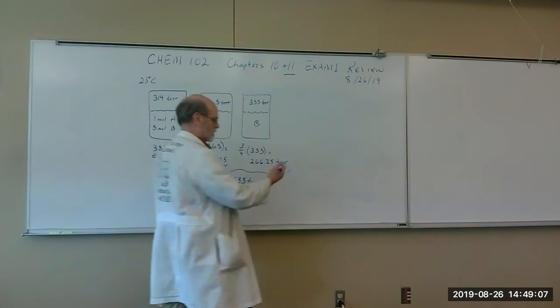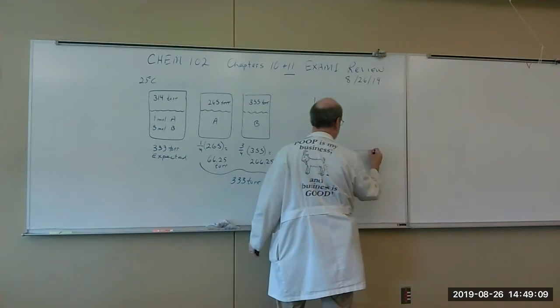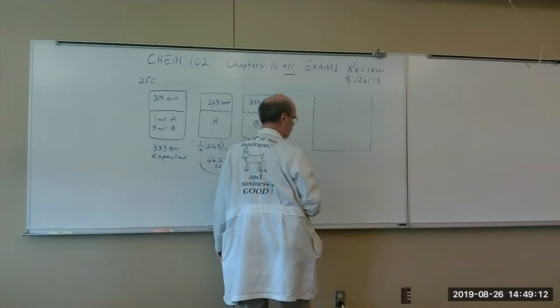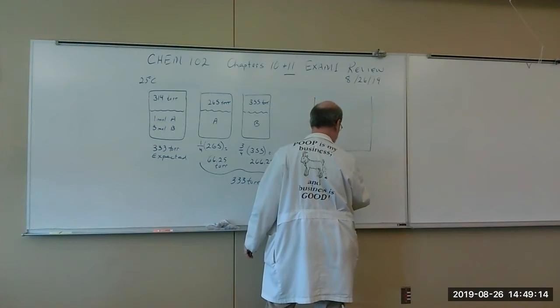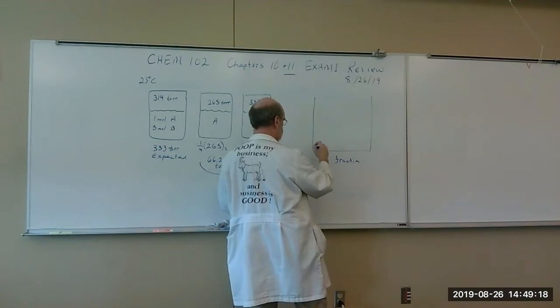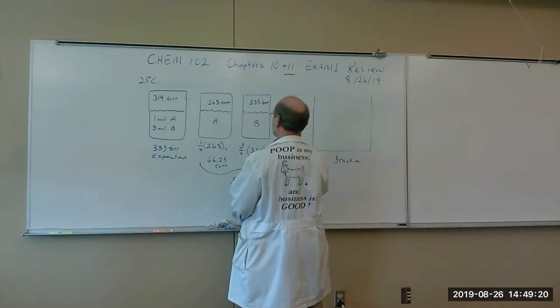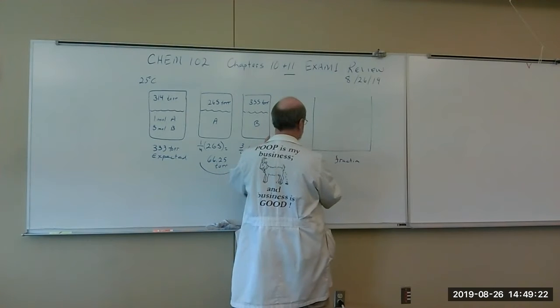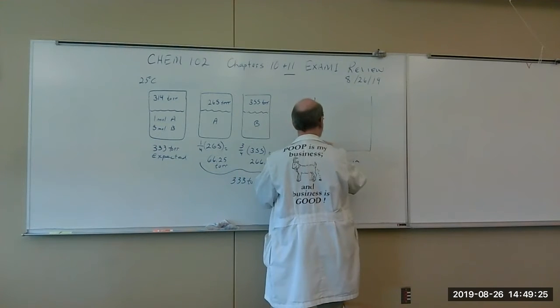How would that look on a diagram? So this is fraction of A or B. So let's say B is the higher pressure, so it's going to be steeper.